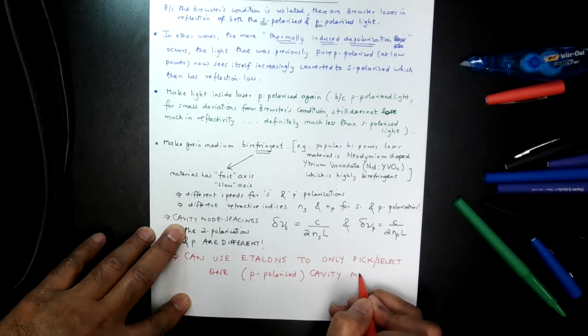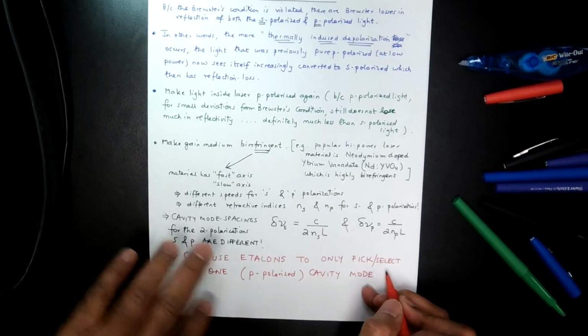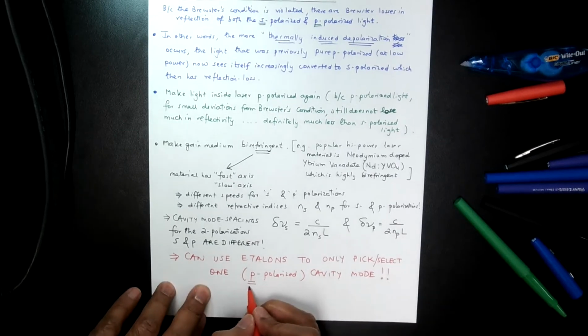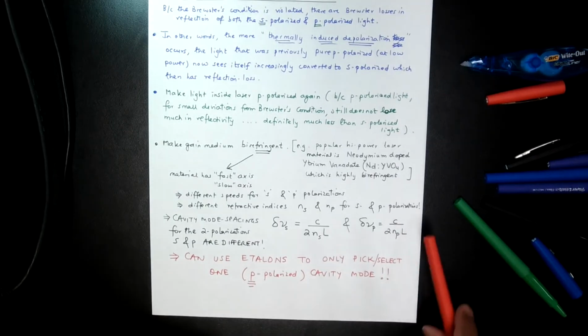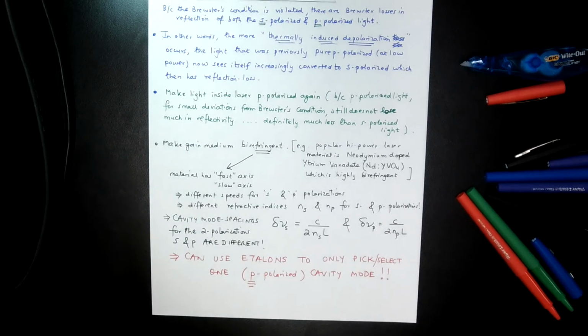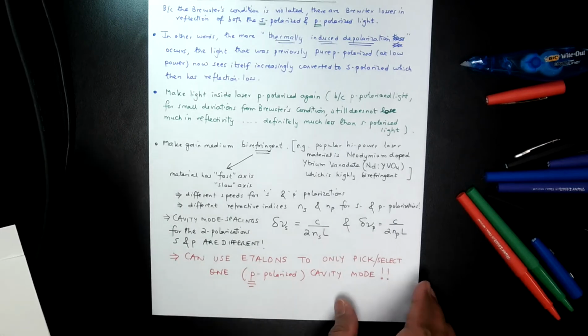So remember, echelons allow you to make the laser single mode, and that single mode can be p-polarized. Okay, so how would you do that? Well, I have this drawing to show you how to do that.